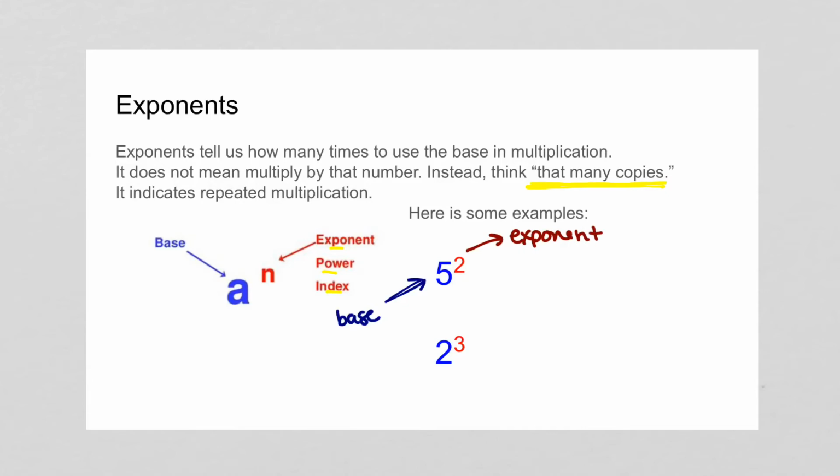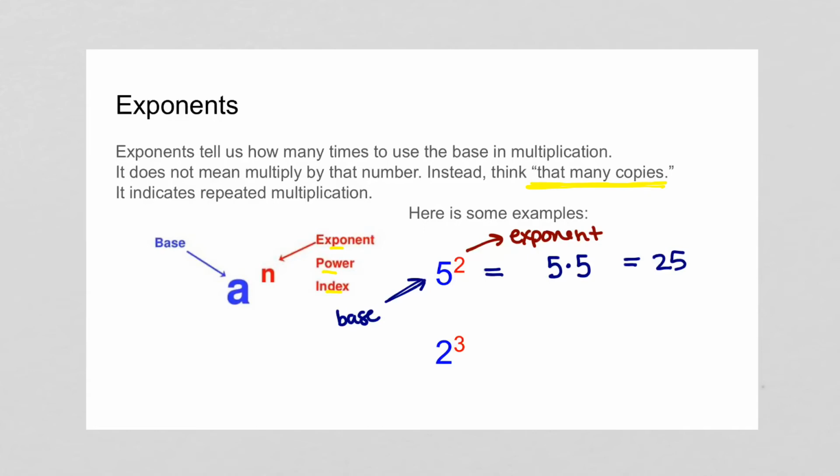So we know we're going to take 5, because that's my base, and I'm going to write 2 copies of it. There's one, there's another. So now let's read it. So this means the same thing as that. 5 times 5, which is the same thing as 25. Okay, not so hard, not so hard.